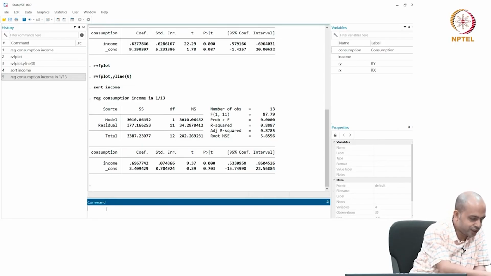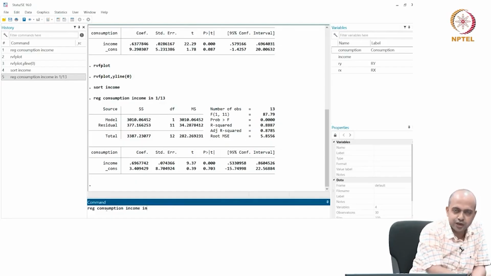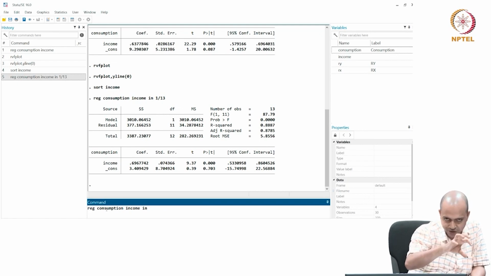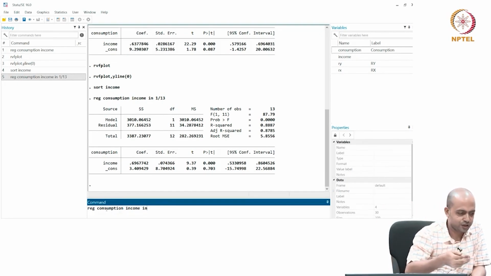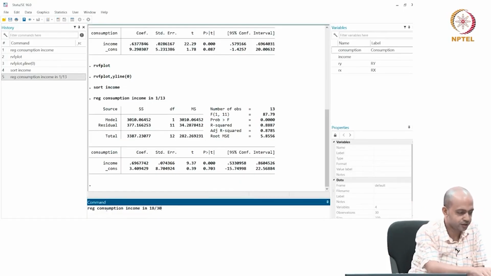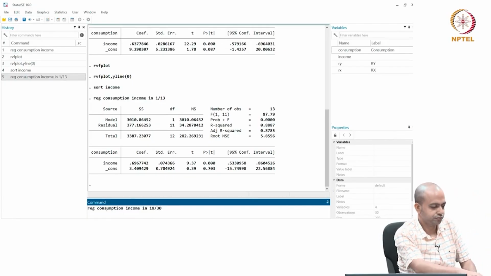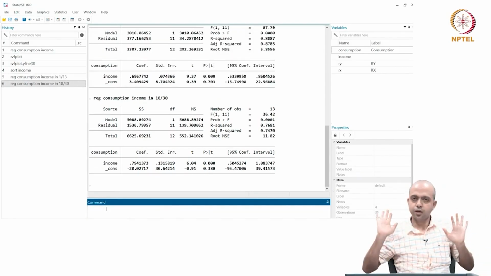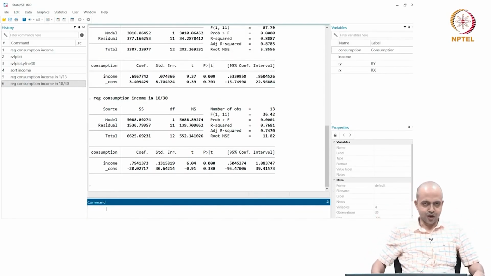And then for the second regression, reg consumption income in, so up to 13, after that 14, 15, 16 and 17, these central 4 observations are deleted. So, in the second regression you have to start from 18 to 30. So, this is how you have constructed it.